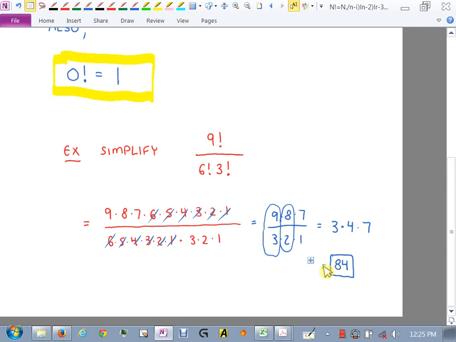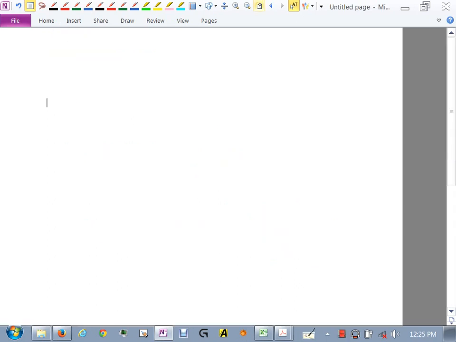There's another way that's not easier but smarter. Okay? Let me show you the other way. Same problem. 9 factorial over 6 factorial times 3 factorial. Okay, now watch what I'm going to do here. You cannot do 9 divided by 6 here, and 3? Nope, can't do that either.